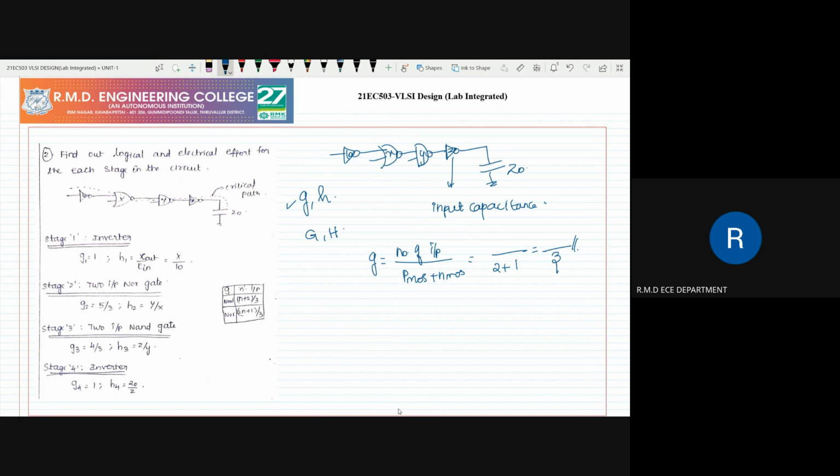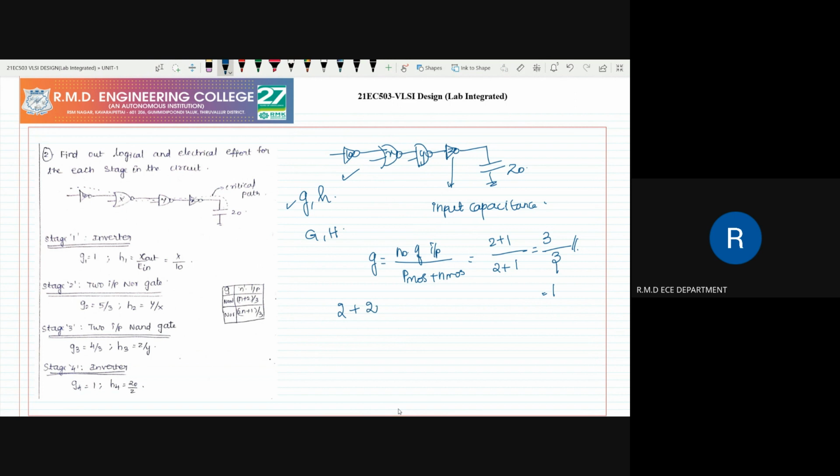Consider the inverter as an example. The inverter is one PMOS plus one NMOS, so 2 plus 1 is 3, and 3 by 3 is 1. So g for the inverter is 1. The 2-input NOR gate is 5 by 3, because it has 2 PMOS and 2 NMOS.